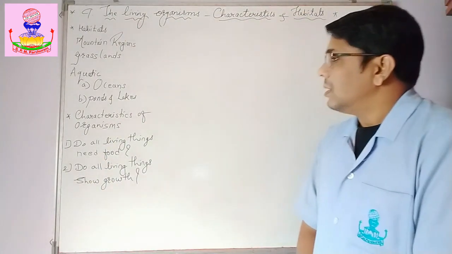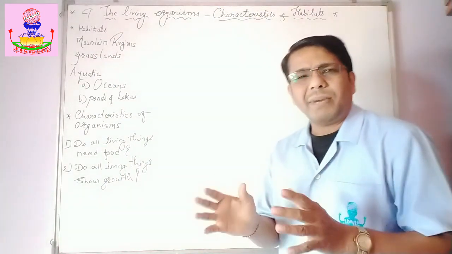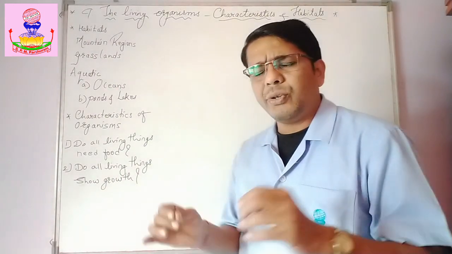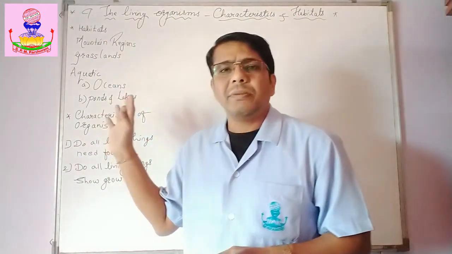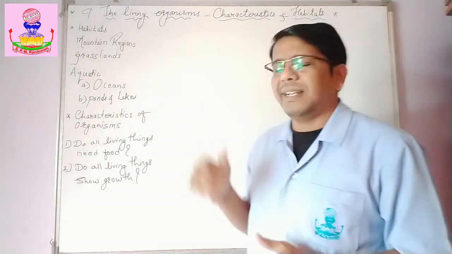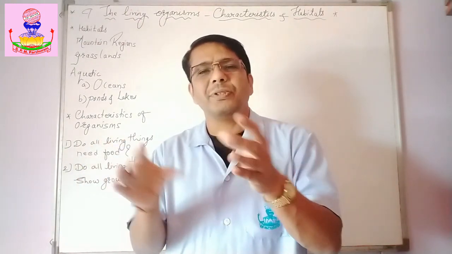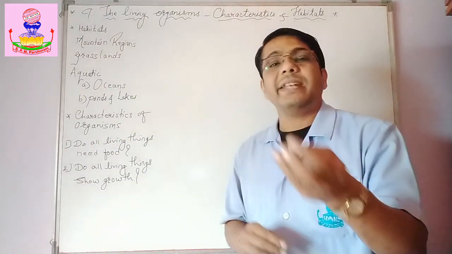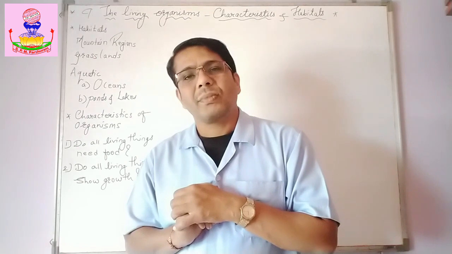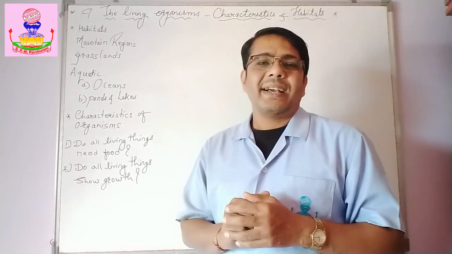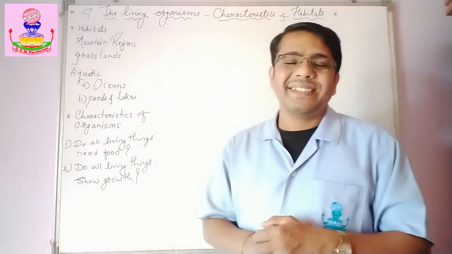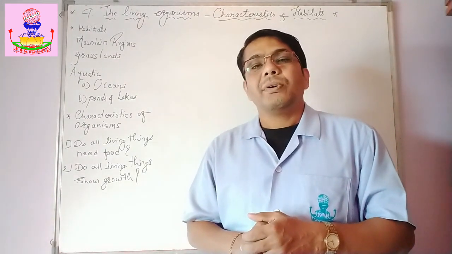Now, see my dear students, there are innumerable plants and animals found in oceans, ponds and lakes. We have discussed very few of them. Another example of an animal I can take is the frog. Frog can easily live in water as well as on land. Right?